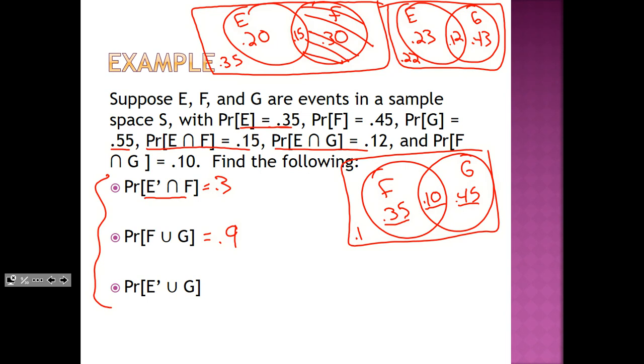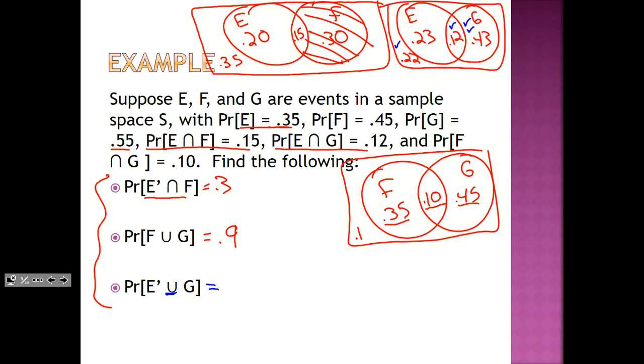Then E complement union G, if you forgot how to do that one, that's one that sometimes people might forget. So E complement is those two. G is those two. Since it's union, it's everything that's checked. So it's basically everything except that 0.23. Okay?